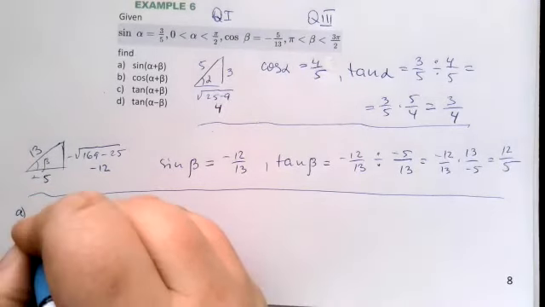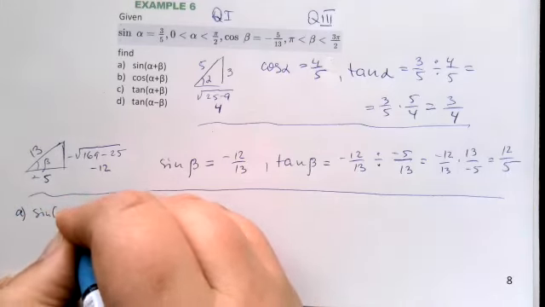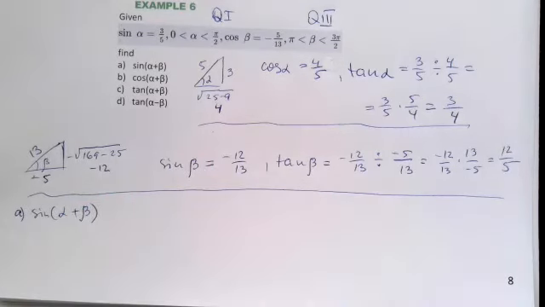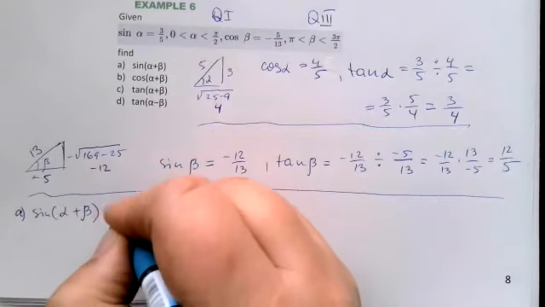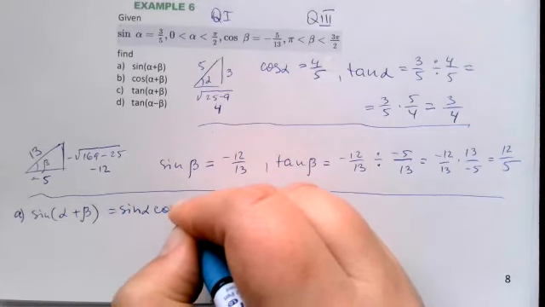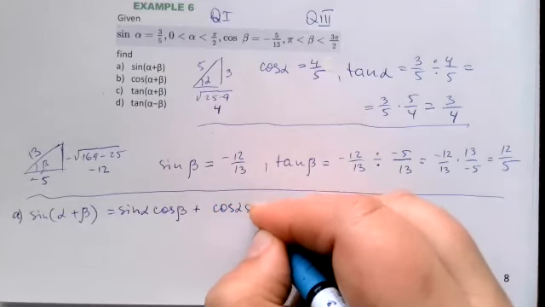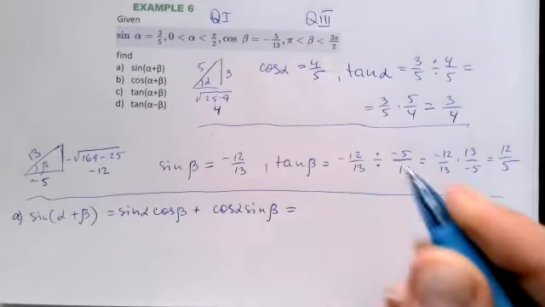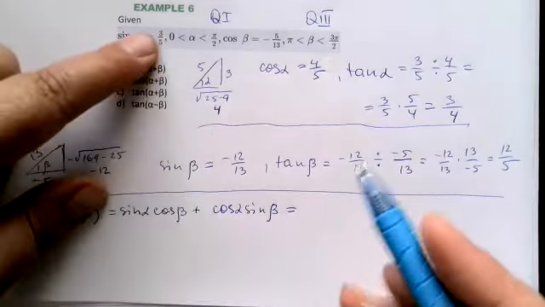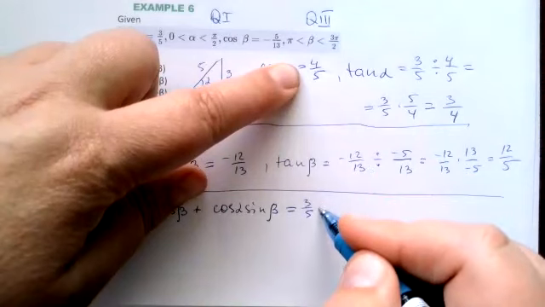So for A, sine of alpha plus beta, according to the formulas, is sine alpha cosine beta plus cosine alpha sine beta. So let's substitute our values. Sine alpha is 3/5. Cosine alpha is 4/5.